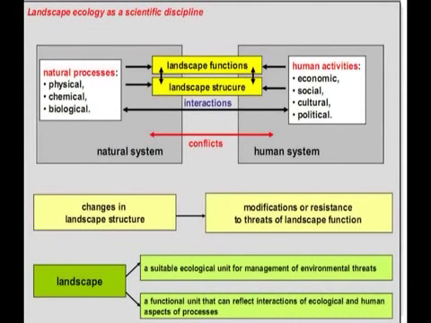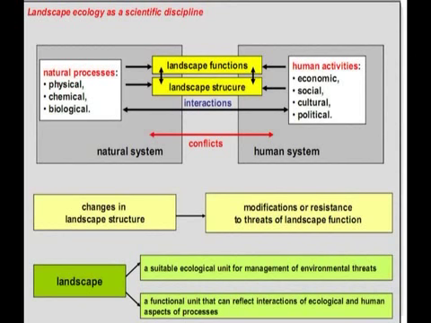This diagram shows the interactions of natural system and human system, which can lead to conflicts because human activities may disrupt natural processes and negatively influence landscape structure and functions. Human population growth is indeed the main driver of change in most landscapes. Humans modify natural ecosystems to build environments.